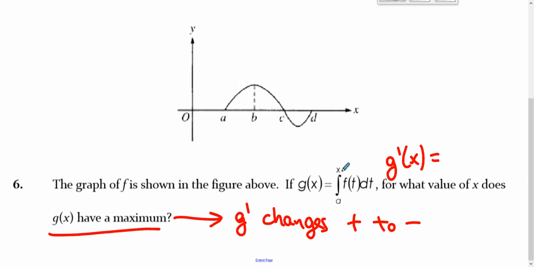That's a number. That's x. So we take this with that subbed in. So now we put these two pieces of information together. We want G prime to change from positive to negative, which means we want F to change from positive to negative, and F changes from positive to negative at C.